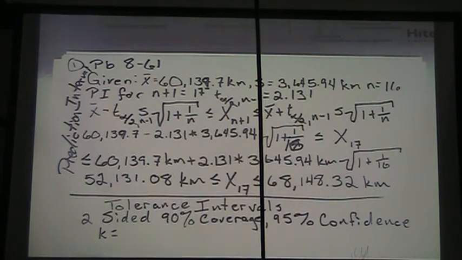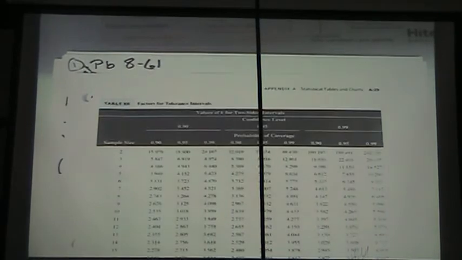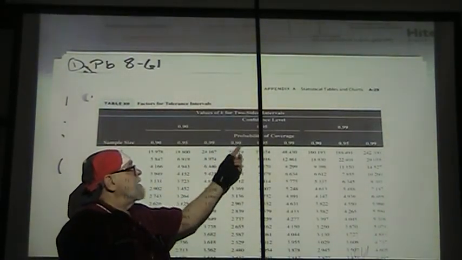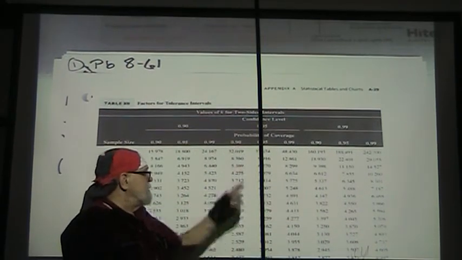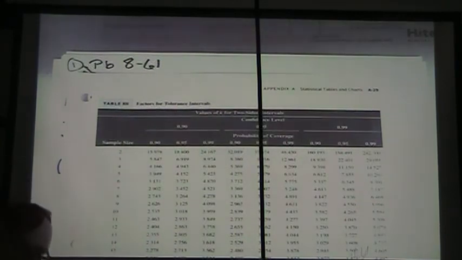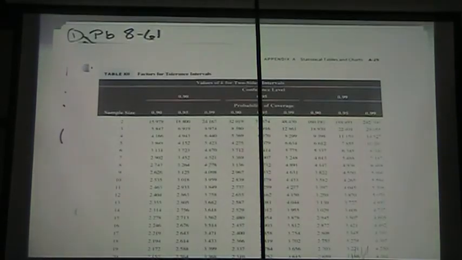All right, I've got my two-sided table here. I want 95% confidence and 90% coverage. And my sample size is 16. Okay, so I'll move this a little.